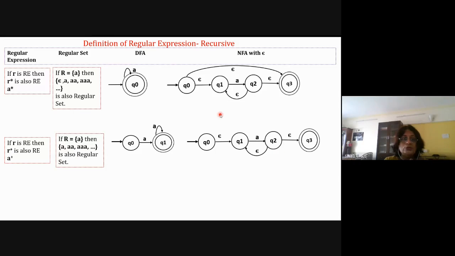So, can anyone repeat this? What I told you, what is regular expression? Any one of you can just unmute and talk to me. Any one of you.